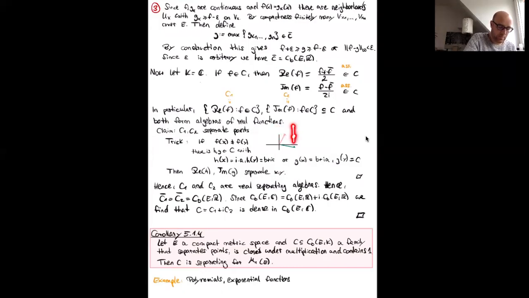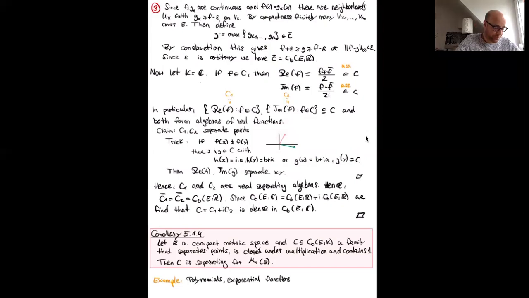So they have the same real part. If f separates 2 points, not necessarily the real part separates in the same way. Same with the imaginary part. If this is f of x, this is f of y, then the imaginary part of f of x and the imaginary part of f of y are the same.